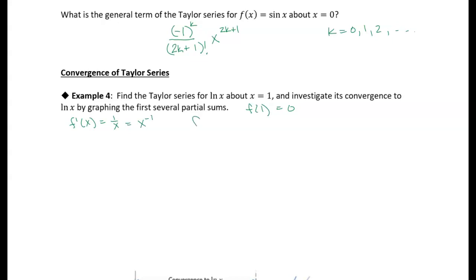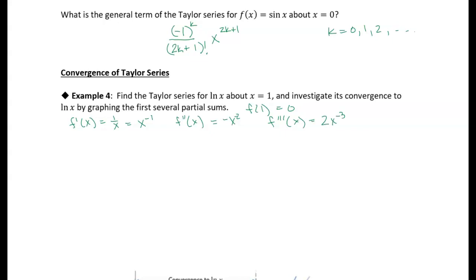Let me make myself a little more room here. Okay, so we can look at the second derivative, and I'll get minus x to the minus 2. I can look at the third derivative, and I'll get 2x to the minus 3.